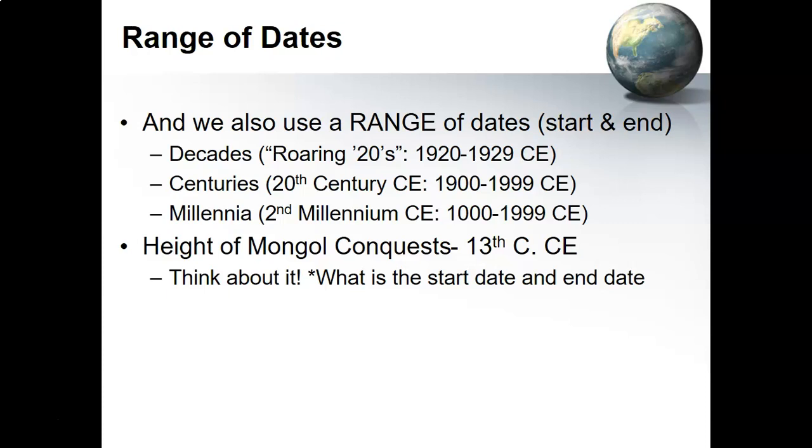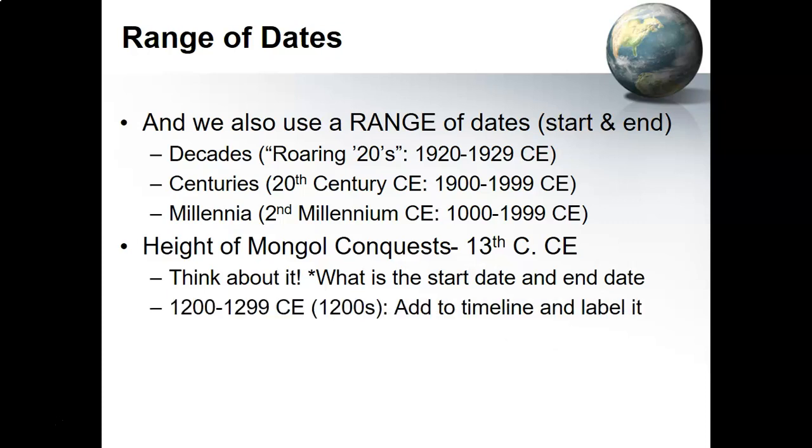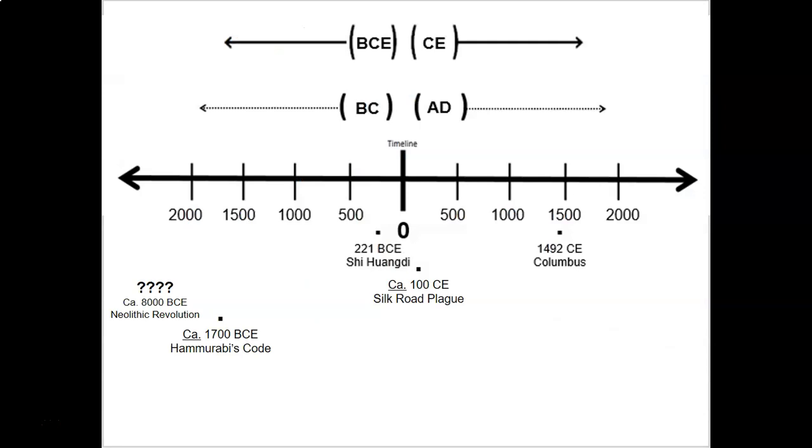This is a range of dates. 13th century of the Common Era means it starts in 1200 and it goes to 1299 of the Common Era. In other words, the 13th century is the 1200s. Once you figure that out, add it to your timeline and label it.